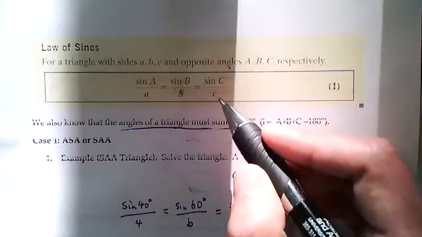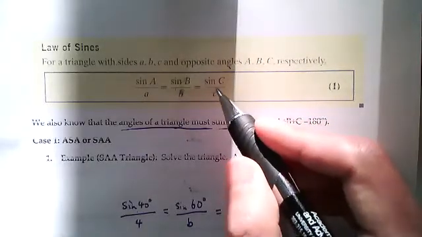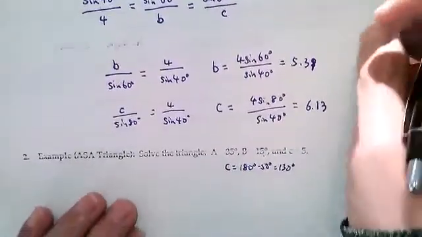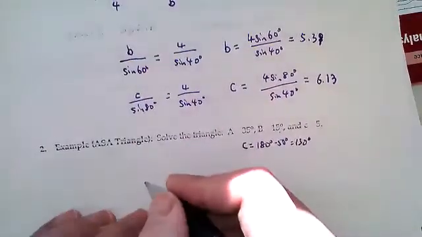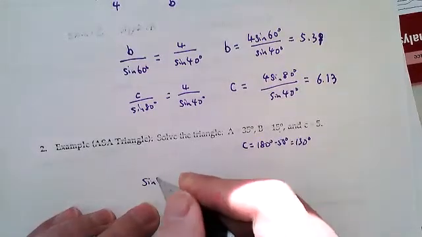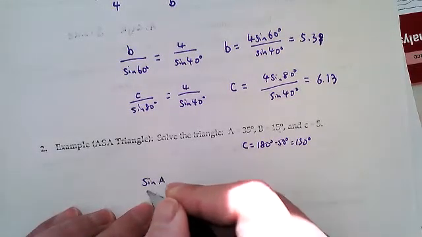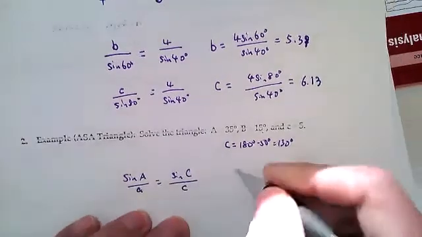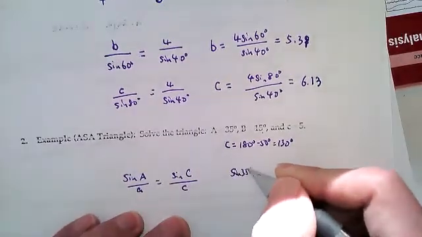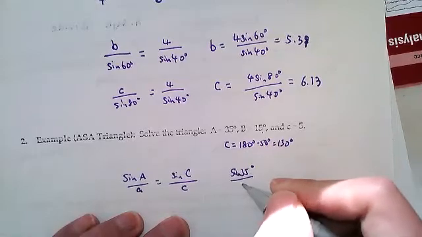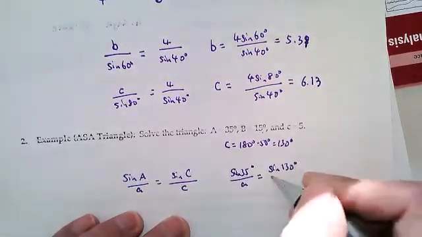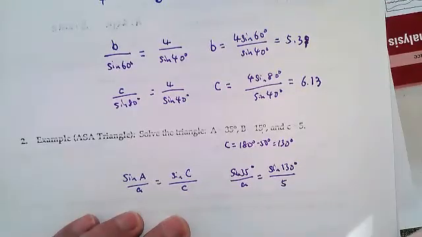This time you know this guy, you know this guy, so you know the ratio. You know the angles, so you can figure out the sides. Again, let's break things down a bit easier. Sine A over A equals sine C over C, which means sine 35 over A equals sine 160 over 5.